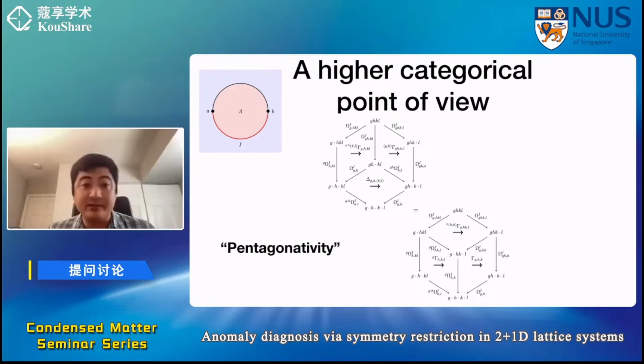Oh yeah, certainly. It's not been done in this dimension, but one example is another work of mine about symmetry-enriched topological order in 2+1 dimensions.